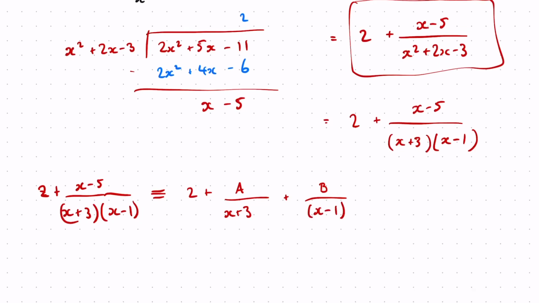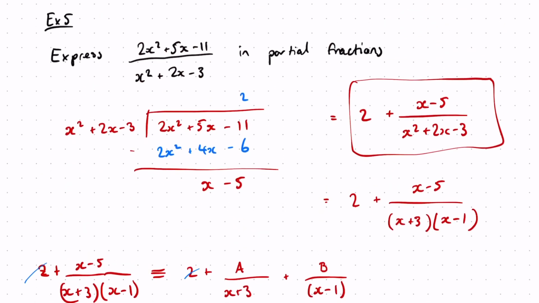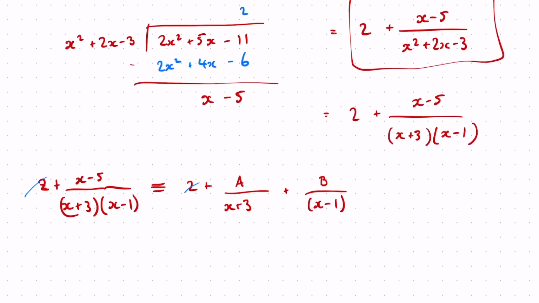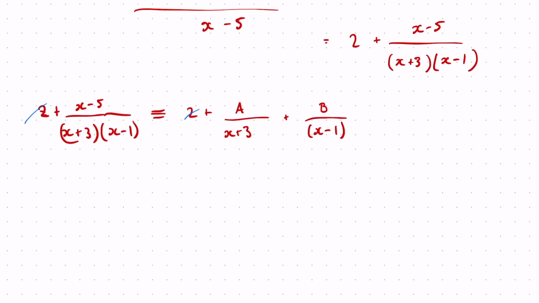Okay, so the 2 plus there is there because it exists. I can get rid of that for the purposes of finding my a and b. It's not needed here, so I'm just going to ignore that for now, but once I've found a and b, I will still need it for my final solution, which is going to look like this, 2 plus everything. But for all the solving, it will cancel out.